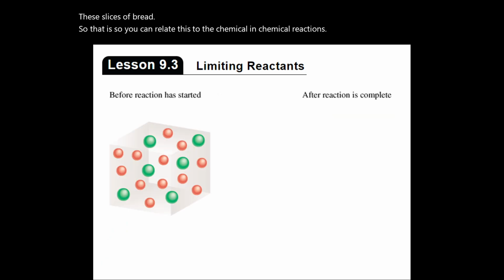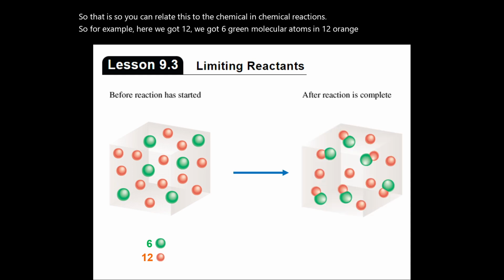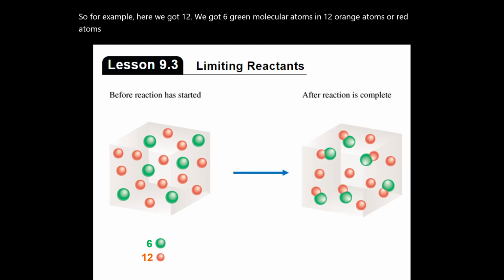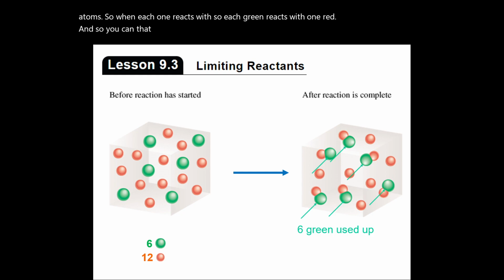For example, here we have 6 green atoms and 12 orange or red atoms. Each green reacts with one red, so 6 greens and 6 reds are used up.